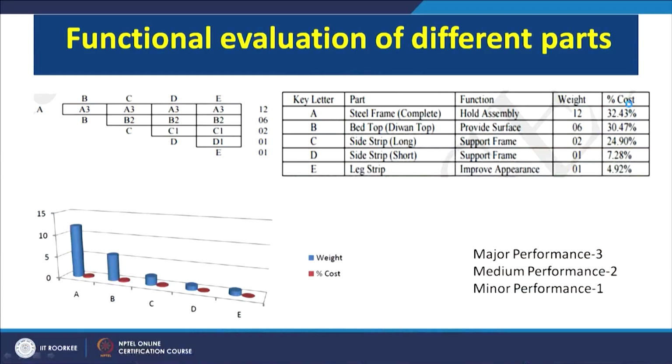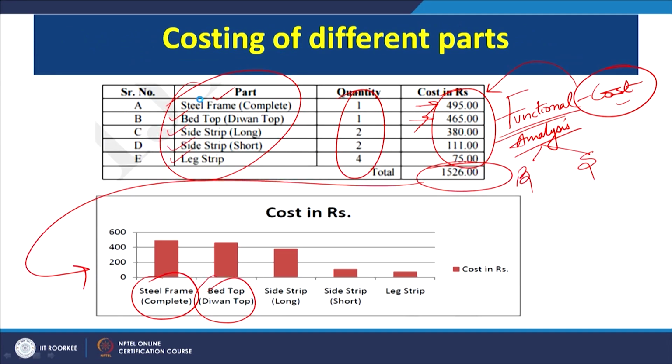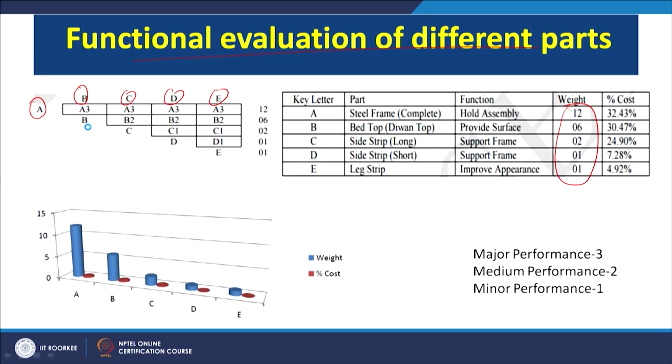Once we do this functional evaluation of the different parts, we can see the assembly, the weight is also given, and the percentage cost contribution is also given. So what we do is A in context of B, C, D and E. If we go back, you can see we have named these parts as A, B, C, D and E. In our analysis we have tried to relate them.